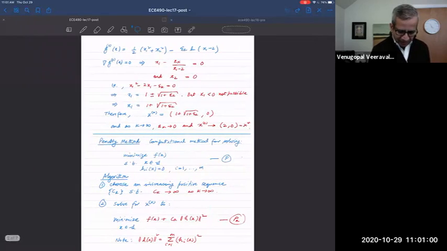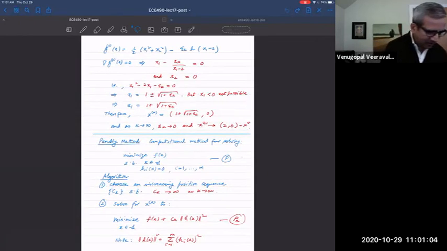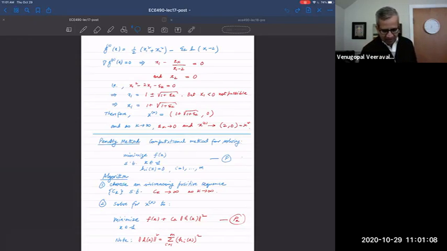And then we talked about another method that's useful. So the barrier method is useful for inequality constraints, and another computation method for solving problems with equality constraints is the penalty method.